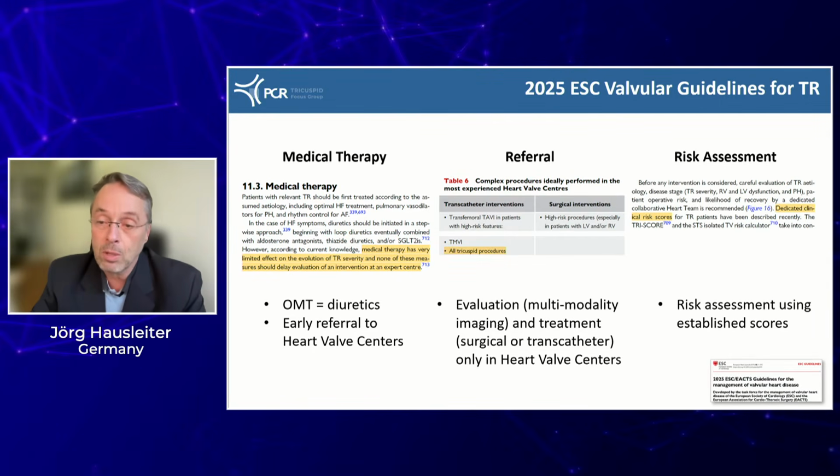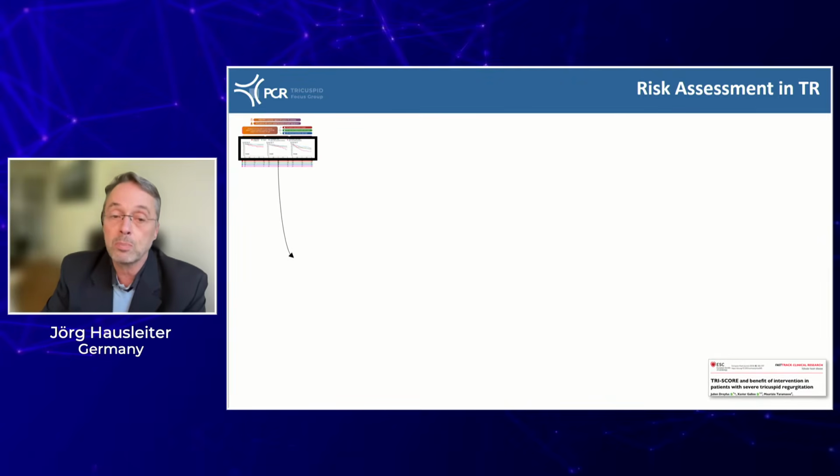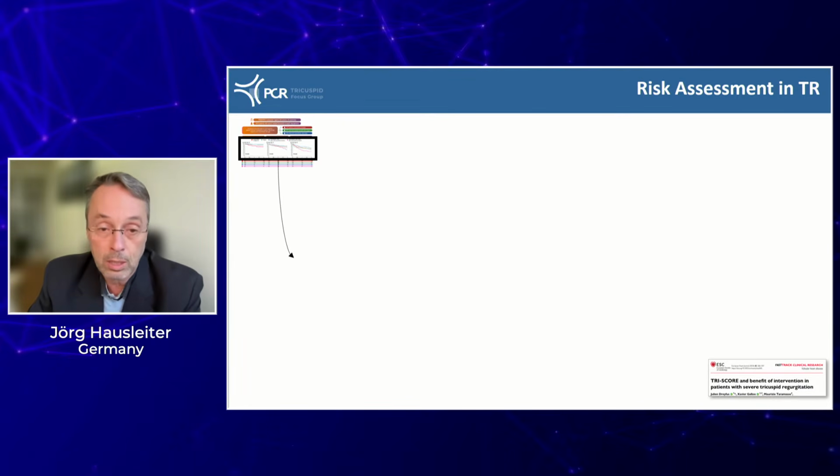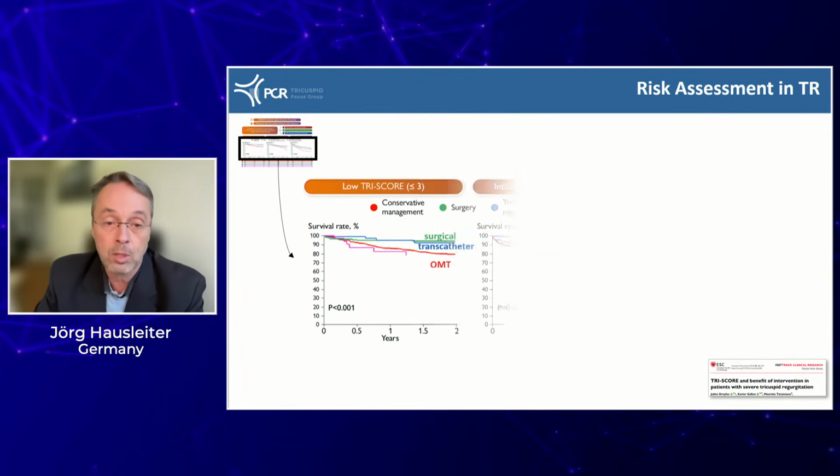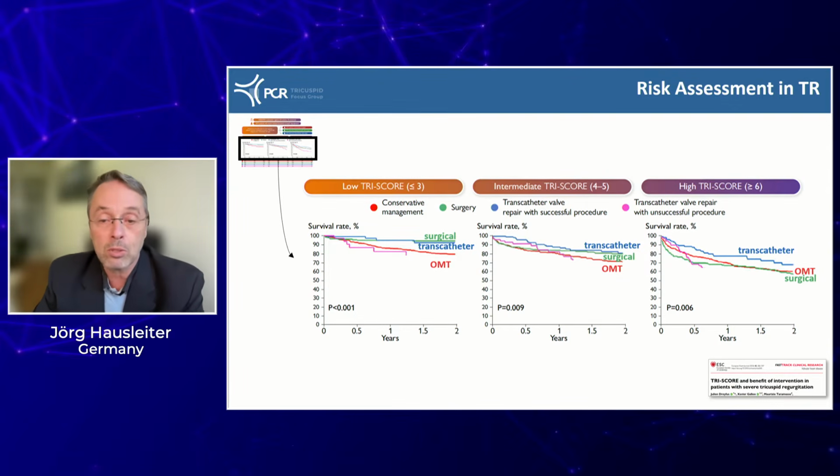Risk assessment is also something new in the guidelines, that we now have some dedicated risk scores for our tricuspid patients. The TRI score and the SDS score have already been mentioned, and they help us in our treatment decisions, based on the nice work of Julian, published some time ago, showing that the TRI score is able to guide us a little bit, from patients who have a low TRI score on the left to patients with high TRI score levels on the right side.